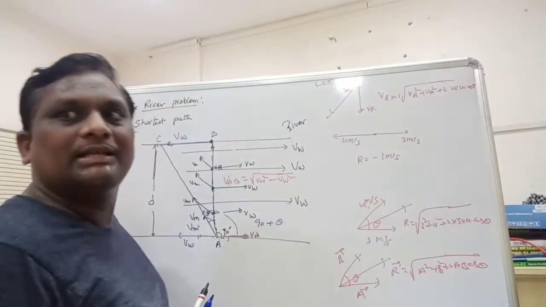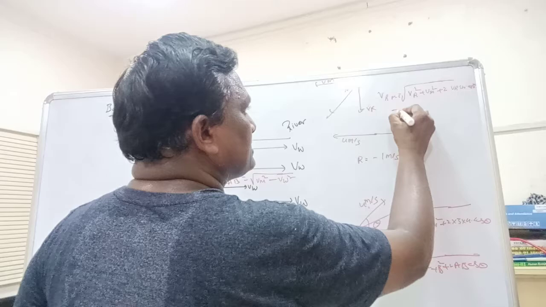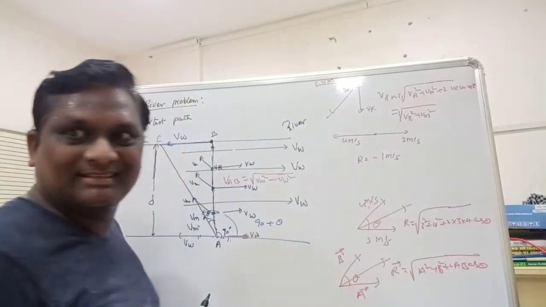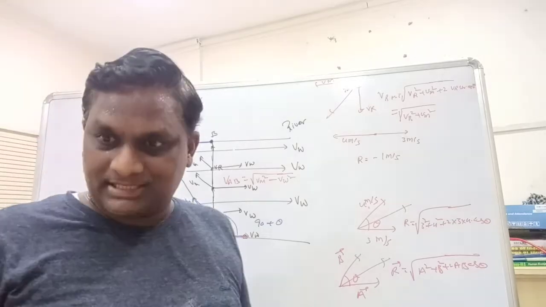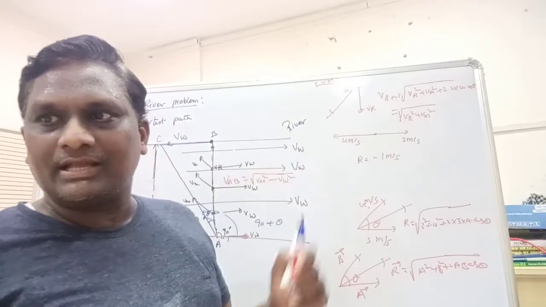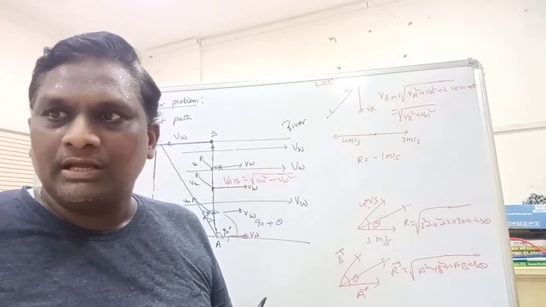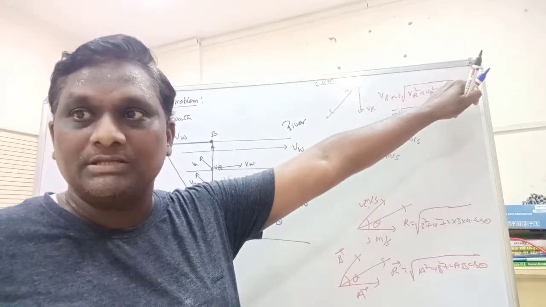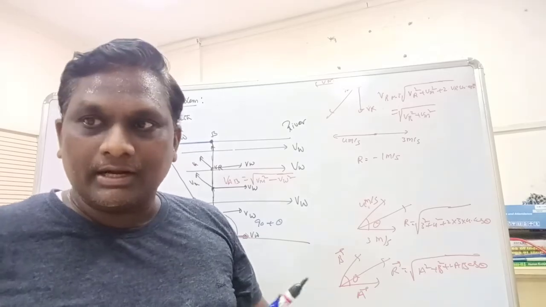Cos 90 is 0. Because of that I have taken VR square plus V man square in the previous case. Angle between them is 90 degrees. Any doubt regarding this? No, sir.